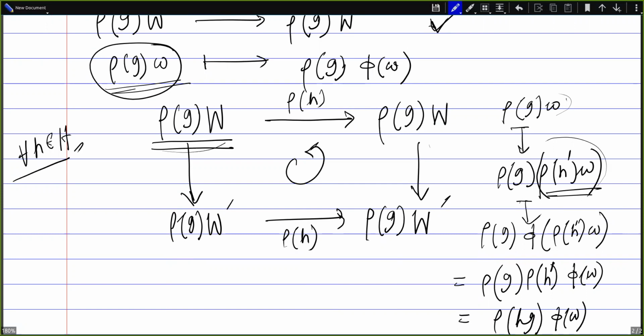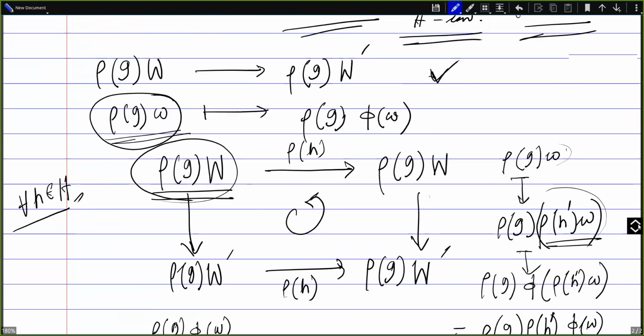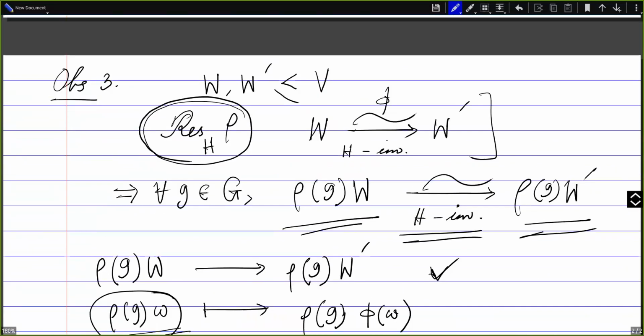So here it is rho G W. When you apply the vertical map, it comes to rho G phi W, and once you apply rho H to that, then you should get rho H G phi W. This is what you already had here. So this map is in fact H invariant, and of course it's bijective, because it's a bijective linear map, because so is phi.